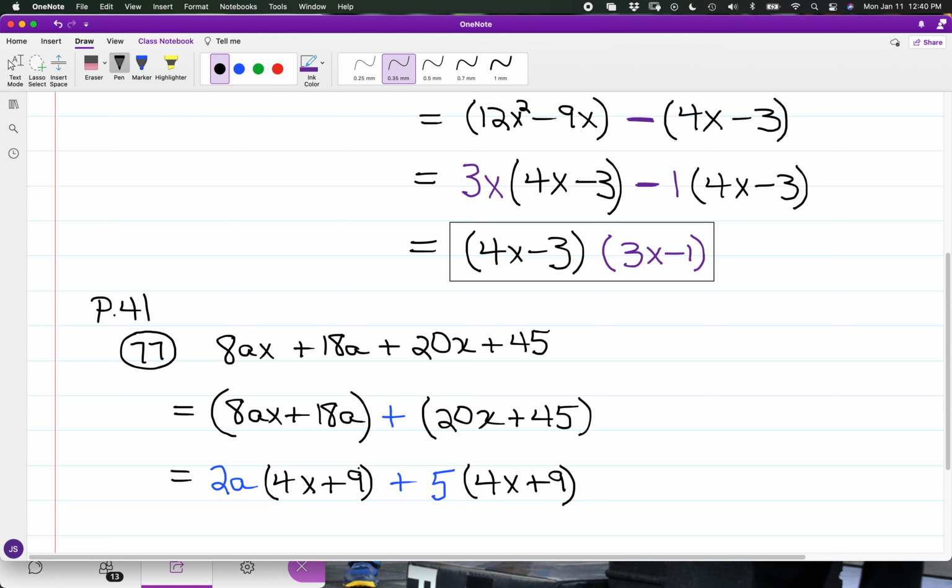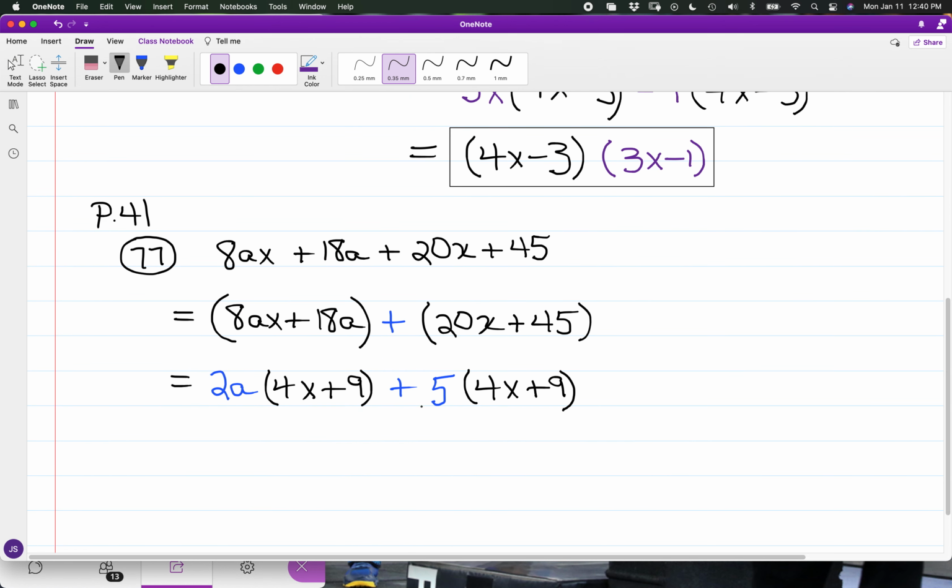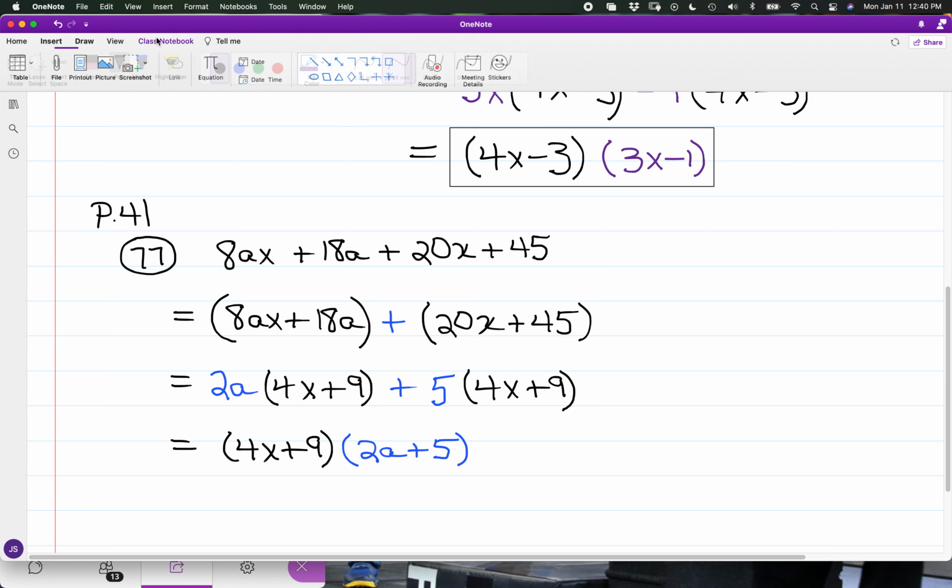And we have a similar bit of history to repeat, where we have a common factor that is shared between the groups with 4x plus 9. And once again, the other factor will stem from combining the terms from the outside, where in this case we have 2a plus 5. Okay, and so that will be the end result here.